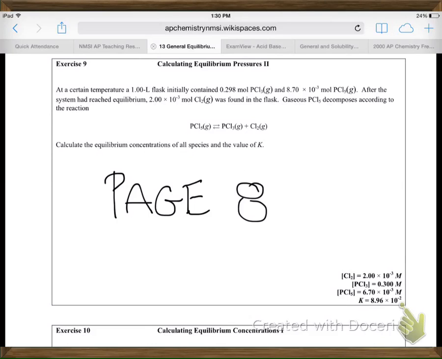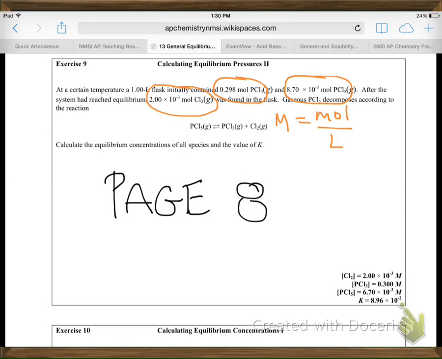One thing we're going to need to know for all of these is that each box that we set up has to be in molarity. So you're given moles here, and moles here, and moles here, but that's not molarity. We recall that molarity equals moles over liters.